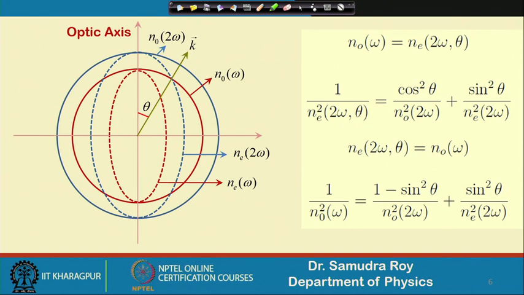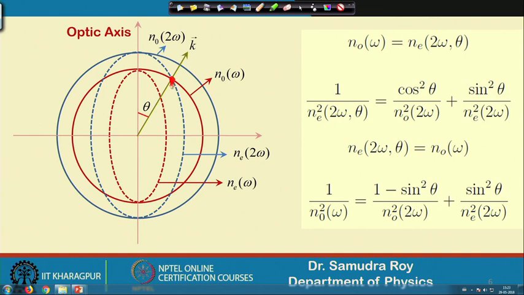Well, now the next thing is to calculate the value of this angle. We are saying there is a matching of refractive index, but this matching will be at a particular angle. If k is the launched wave, the direction of the wave, then it makes an angle theta for which we have the phase matching, the matching of the refractive index.